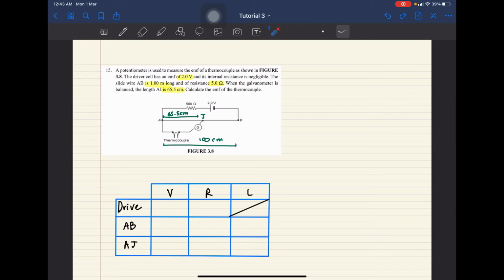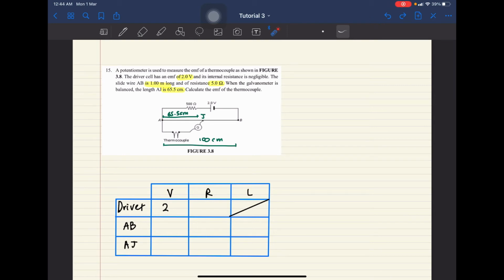Okay, and then you simply cross this one, because you know that this one you don't have to fill out with anything. So for the driver, which is for the first loop, the driver for the top loop, the whole thing here, the total potential here would be 2 volt. That's why I write it over there as 2. That was the driver, it drives.